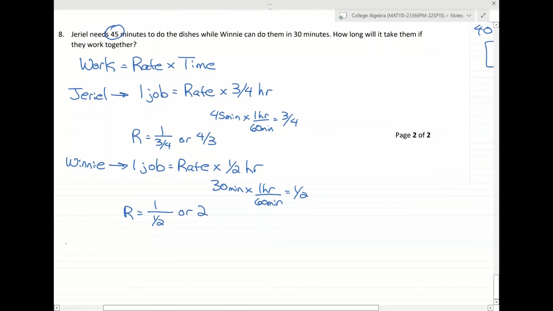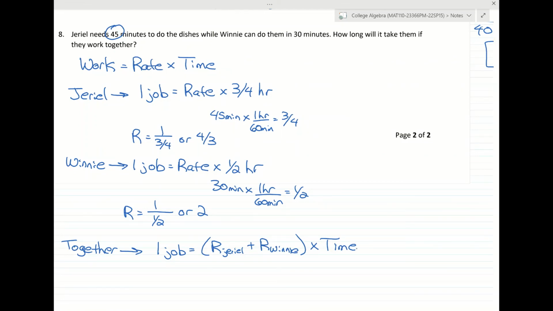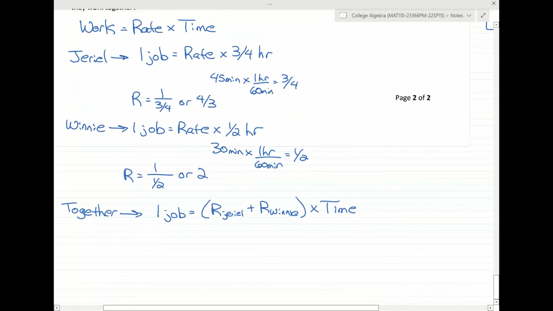If they're working together, what we're going to do is say that to do one job together is equal to the rate of Jerry L plus the rate of Winnie times time. If they're working together, that's like twice as fast. Let's go ahead and solve this.